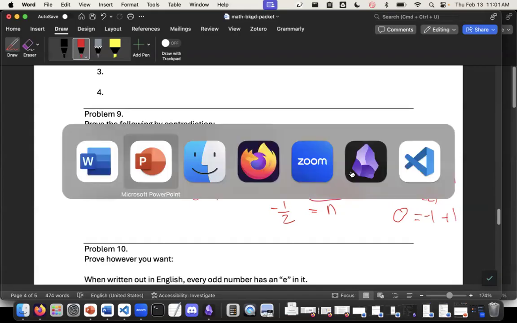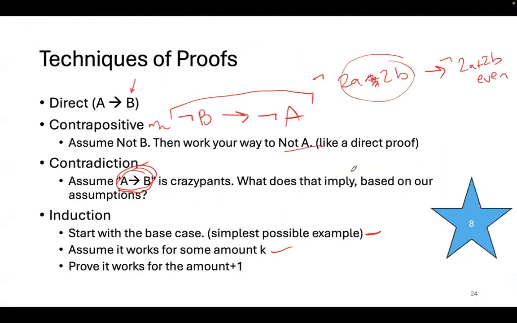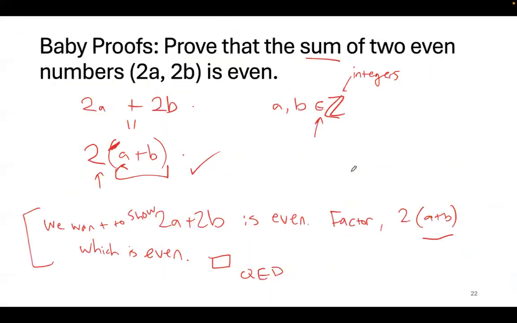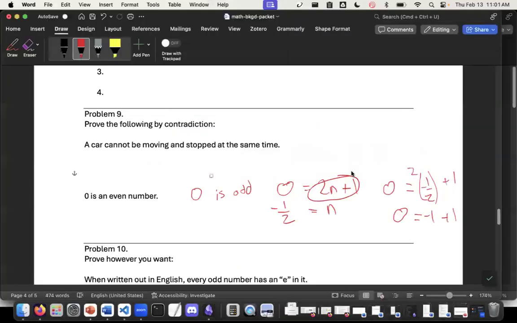Let's go back to the slides. We assume that to write an even number or an odd number, we write it as 2 times some variable, where that variable is an integer. What's our problem here?